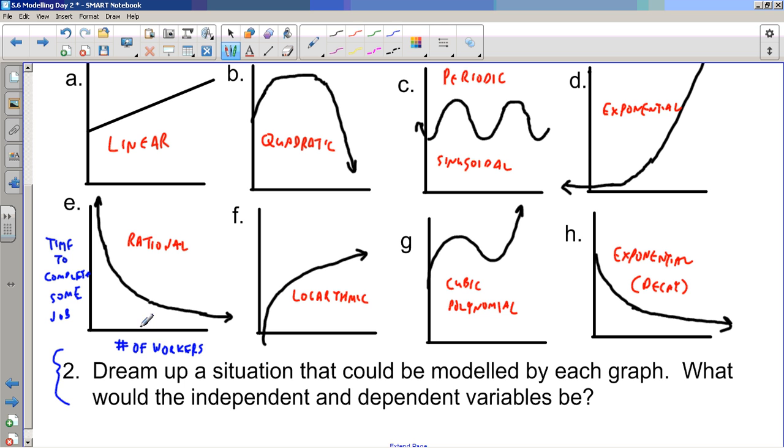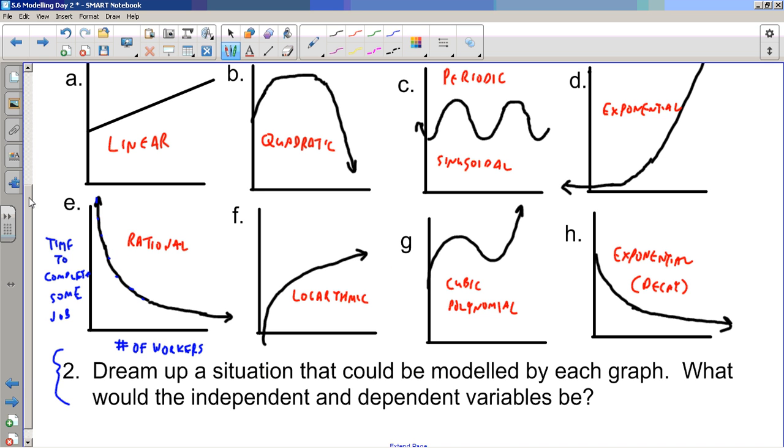As you add workers, the time to complete the job is going to go down. But even with an infinite number of workers, it's still going to take a little bit of time. It'll never be zero. Similarly, when the number of workers is zero, what time is it going to take to complete that job? Well, it's never going to get done. As x goes to zero, the time goes to infinity. Of course, this should be dots, actually integers, but that's not allowed here.